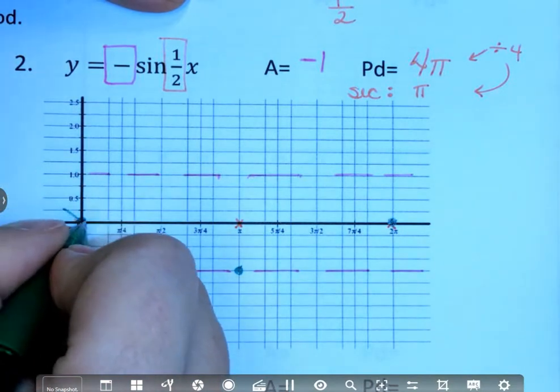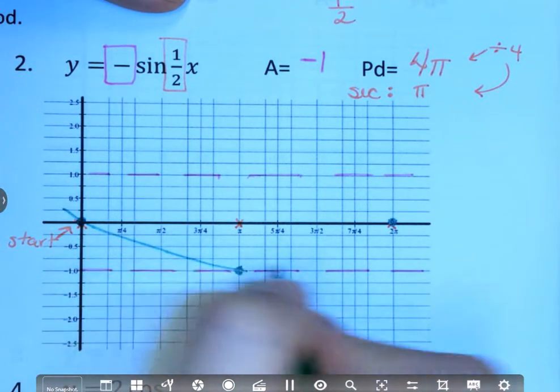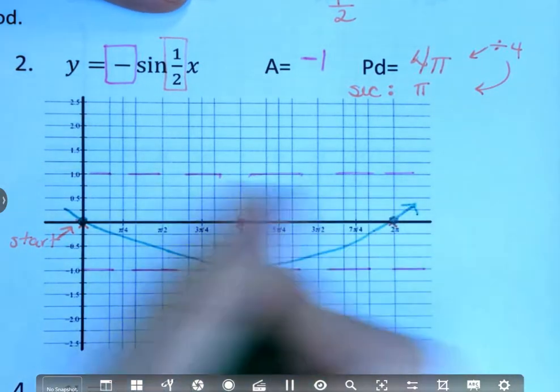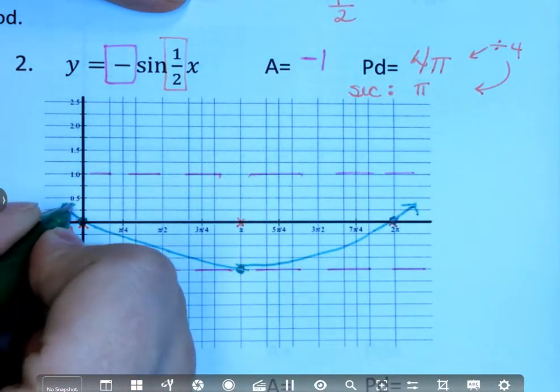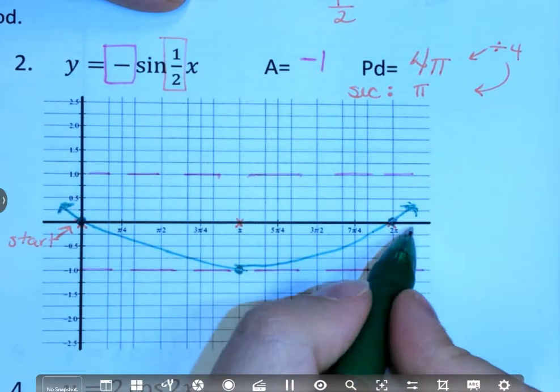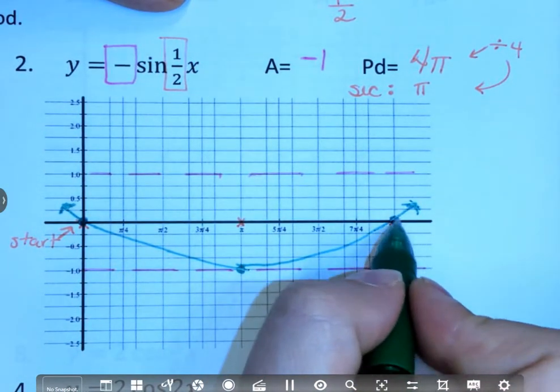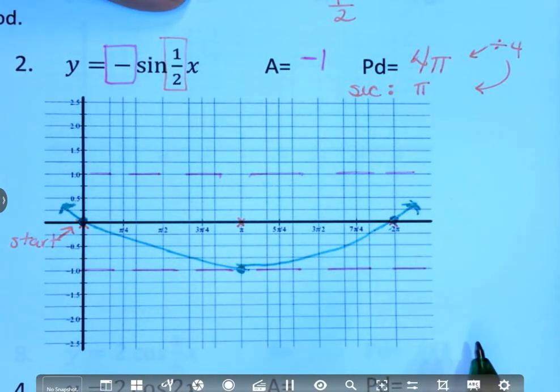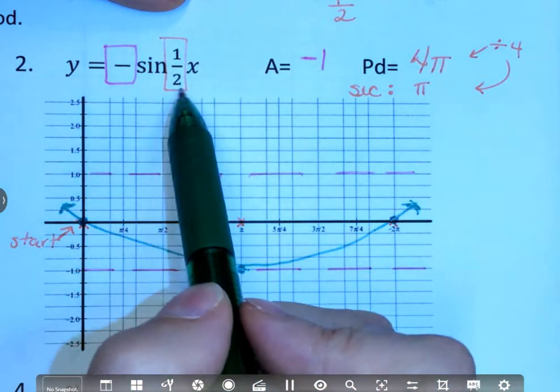So when I graph this guy, be very, very careful because this problem is one that I see so many people turning it down here. Middle lines, you go through those. How much of my period can I see? Only 1/2.